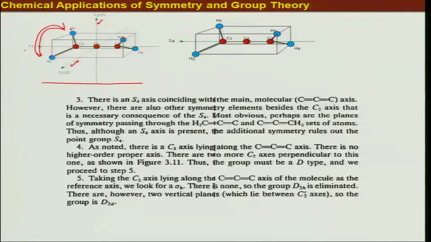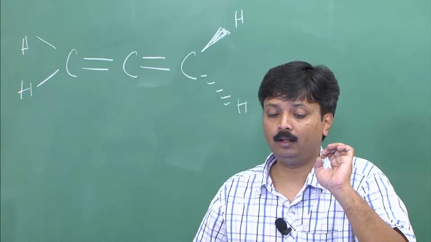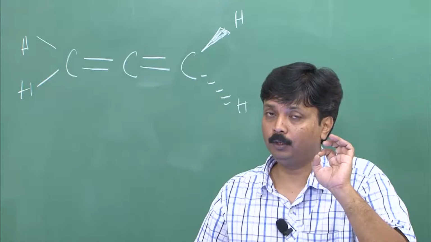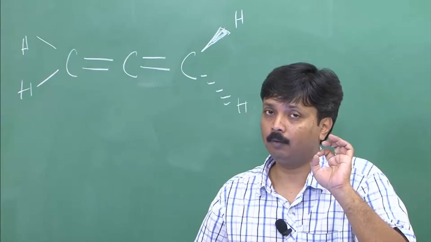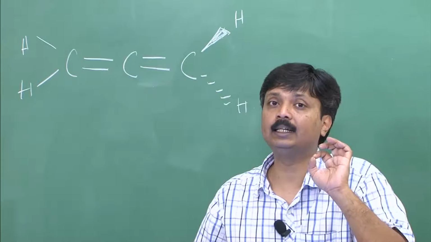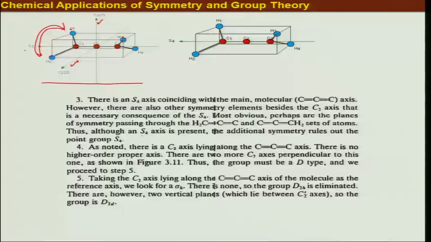Here things are slightly different, and you have to be a bit careful, because one clause was there: are there multiple axes of higher order of rotational axis? You have to keep in mind that higher order means n is greater than 2. Here I have altogether three C2 axes.